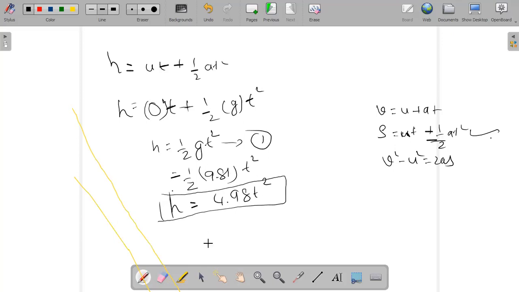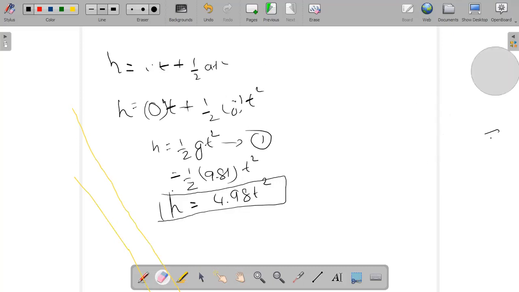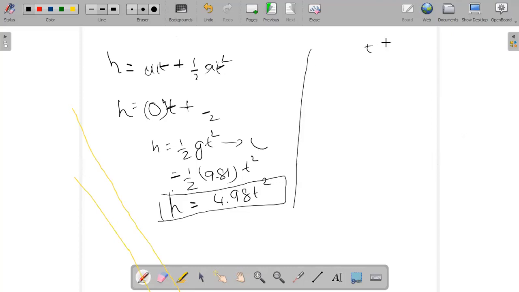Now let us take the second case, when it travels the remaining distance in time t minus 1. When the time is t minus 1, let the distance be h1.